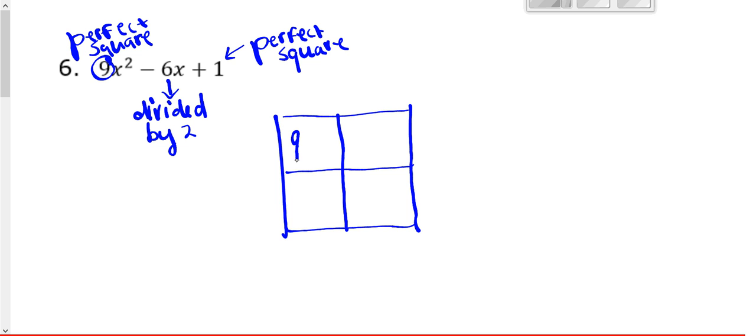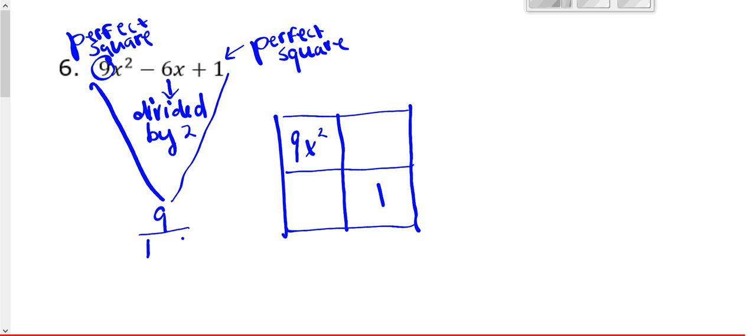So I know this will need to be 9x squared, and this will need to be 1. And I know I'm looking for two numbers that will multiply to equal 9 times 1, which is 9, and add to give me negative 6.